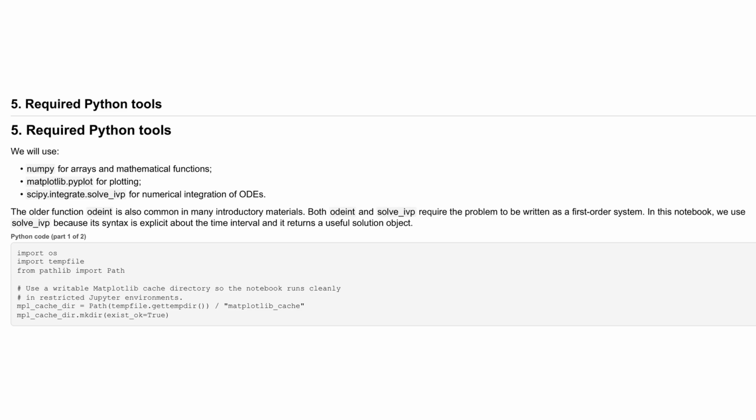We will be using three core libraries for this work: NumPy for numerical arrays, Matplotlib for visualization, and the solve_ivp function from SciPy's integrate module. In this first block of code, we are setting up our environment and configuring a cache directory for our plots to ensure everything runs smoothly.